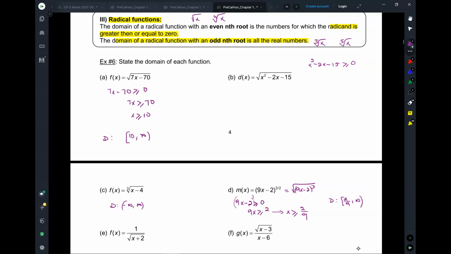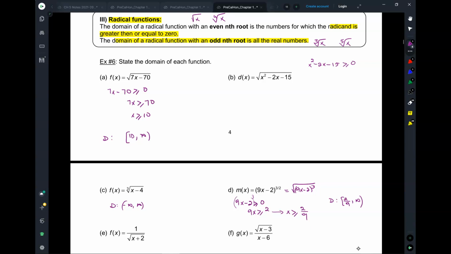When the cube root went away, in D and in A we had a linear expression greater than or equal to 0. So those two, A and D, ended up being linear inequalities. For B, it's a non-linear inequality. It's a quadratic function, so the process is a little bit different.